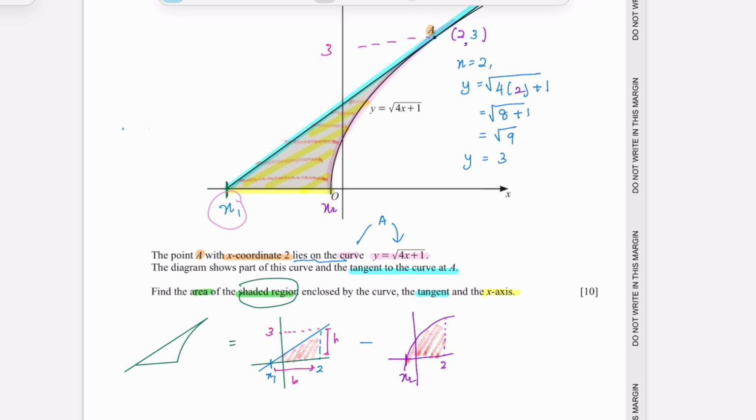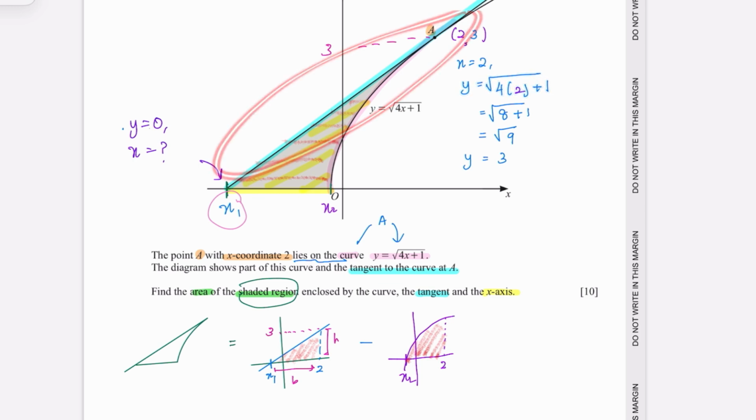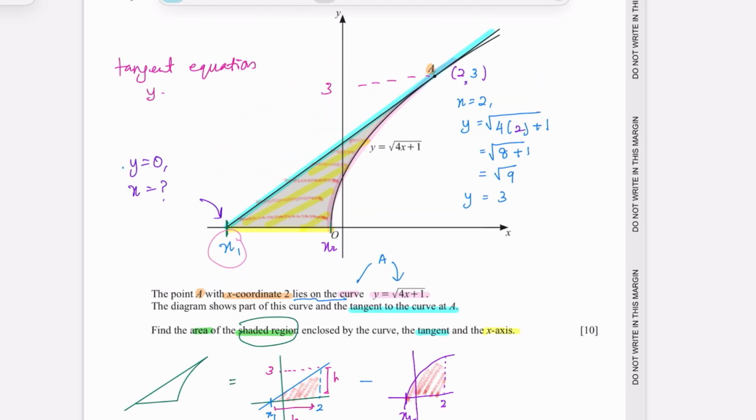How do we do this? We know that here y will be equal to 0. So what is our x for the straight line? This is a tangent line, and we have the tangent equation: y minus y1 equal to the gradient, m, times x minus x1.